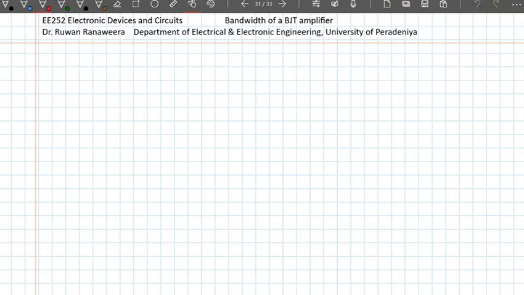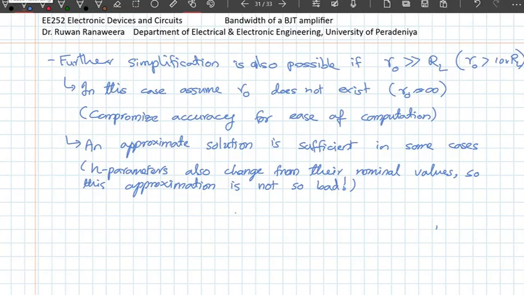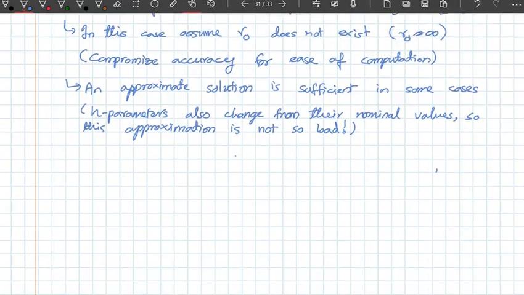It's something like less than 10%, which is not really bad, because what we are trying to do is compromise accuracy for the ease of computation, and what we are going to get is an approximate solution which is sufficient in most cases. Also this is not as bad as it looks, because the H parameter values also change from their nominal value. So this approximation is not as bad as it looks.